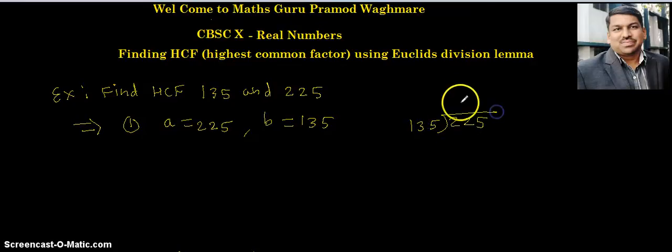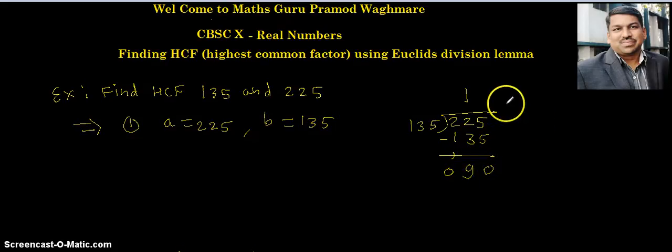We know that 135 ones are 135, and if you subtract this, we get 90. So we get remainder 90. This is R and this is Q.